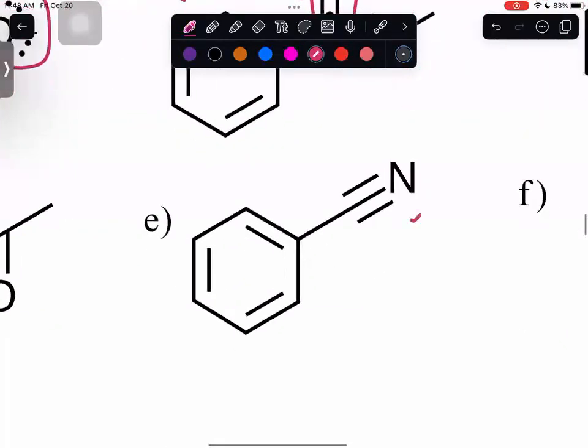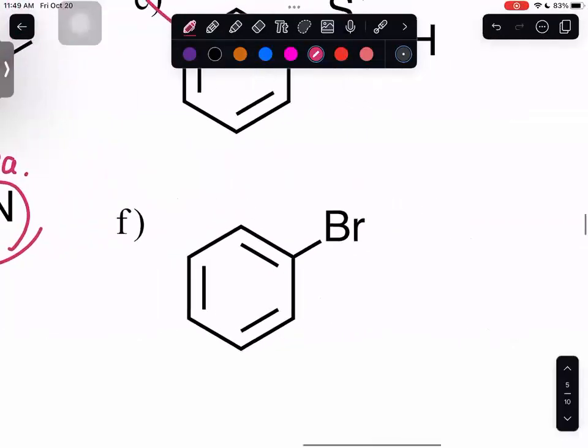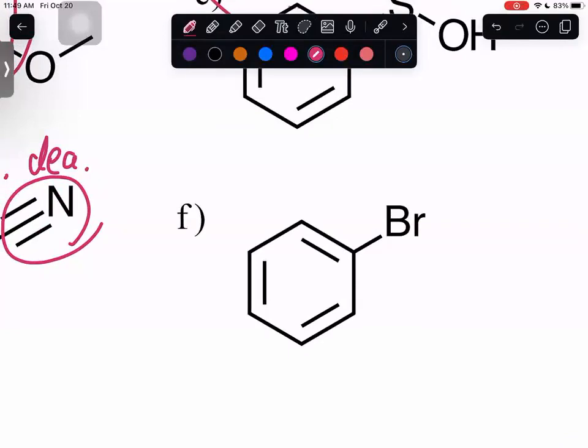Molecule E, what kind of director is this? It's cyanide, yes, but is it an activator or deactivator? Yeah, strong deactivator. So E doesn't work for that reason. F, it's a bromine. It's a withdrawing group, but it's a weak one.